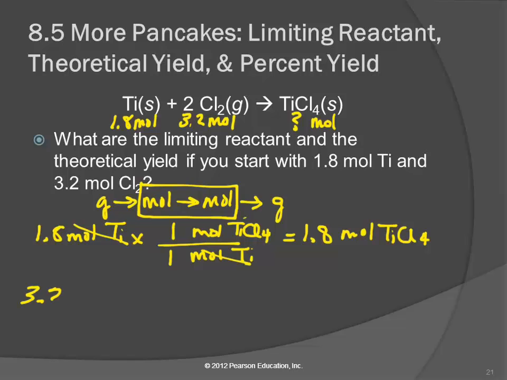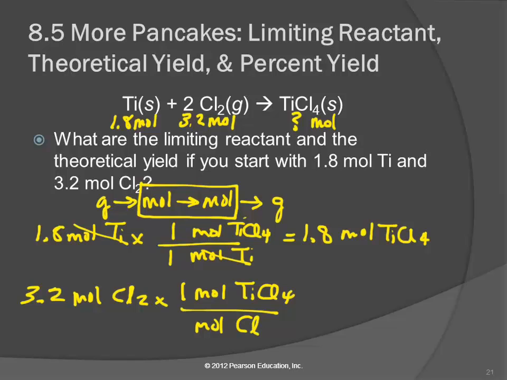Then we take our other ingredient, our other reactant, which is chlorine, and we convert that to moles of titanium chloride. Same process. The number in front of chlorine, though, is 2. 1.6, right?